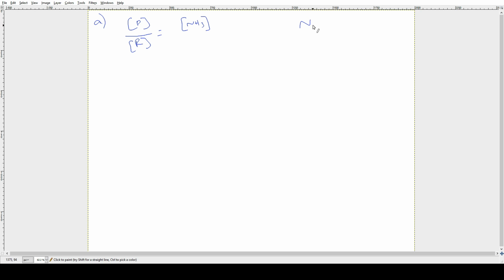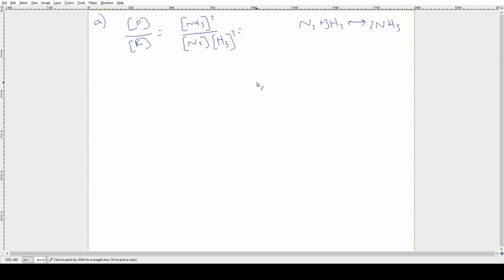So we have N2 plus H2 and NH3. I need 2 of those, which means I need 3 of these. Okay, so NH3 is squared, and N2 and H2. It's really important to know these are all gases, so okay, everything's hunky-dory.